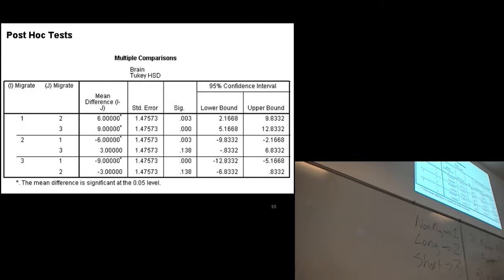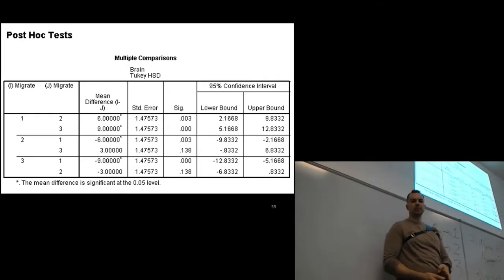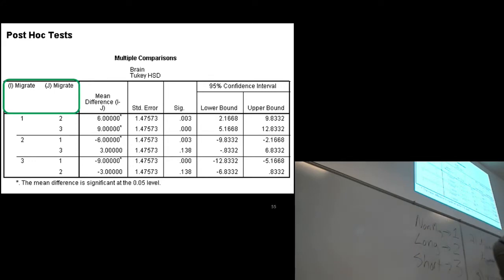We're going to see how to read this table now to answer where this difference that we found came from. Which populations are responsible for this? In that first column, we are comparing one group to another group, and it says which two groups are being compared in each row.